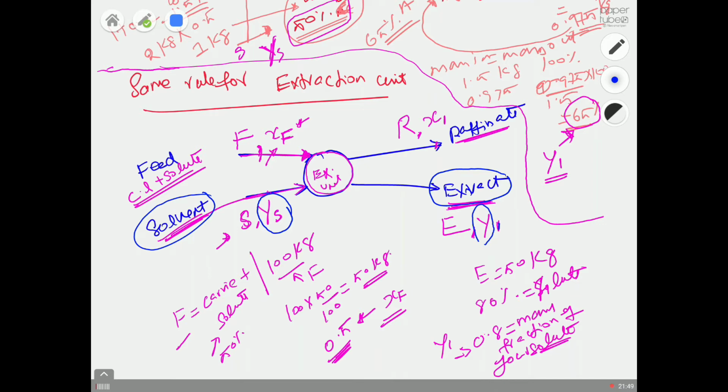And then in the top we use the same notation, x for feed and x for raffinate. So don't get confused. Just remember the notations. Don't mix things up. Don't put y in the raffinate side and x in the extract side. So always remember rx fx, and then sy ey. This will make you remember what is what. So don't forget, don't get confused with the notations.